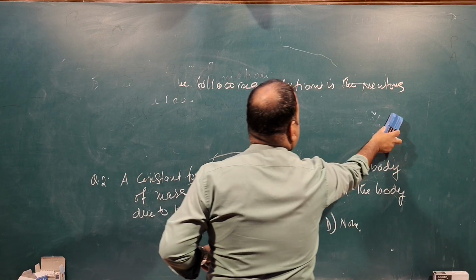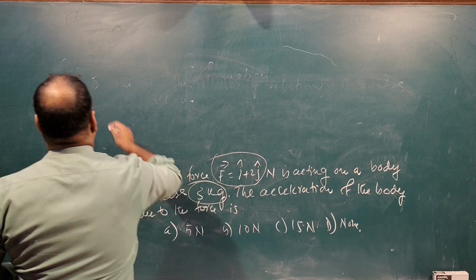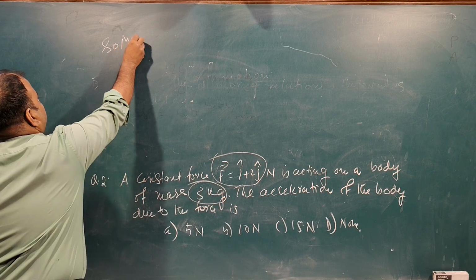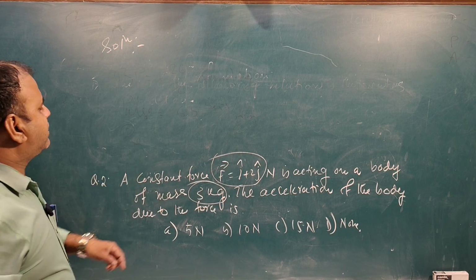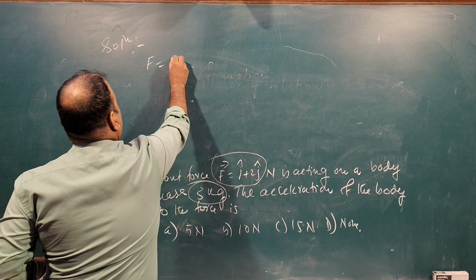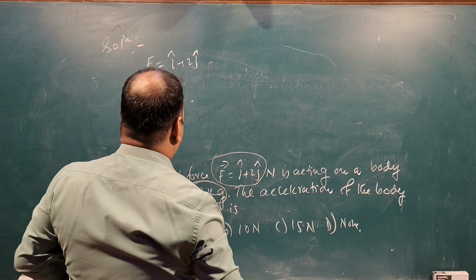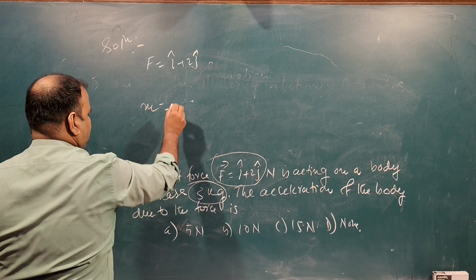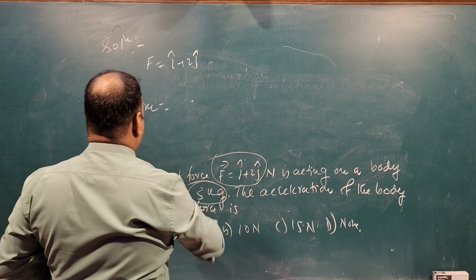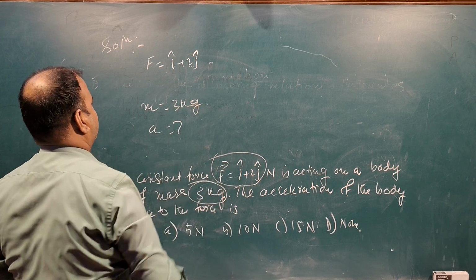Solution: here force is given, F is equal to i cap plus 2 j cap, and mass is given as 3 kg. We need to calculate the value of acceleration.